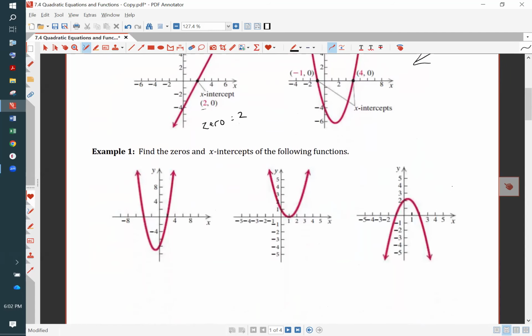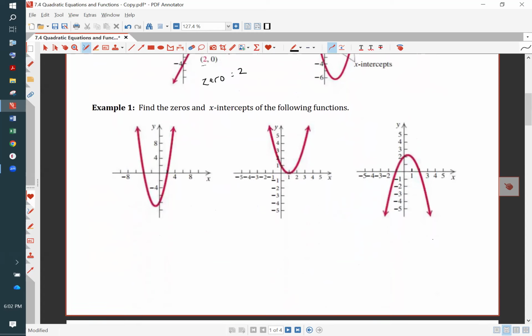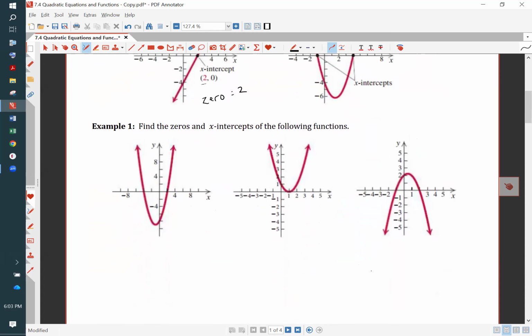So our first example is about doing that. Find the zeros and x-intercepts of the following functions. So on this first one, they're right here, right? The x-intercepts are (-2, 0) and (1, 0).